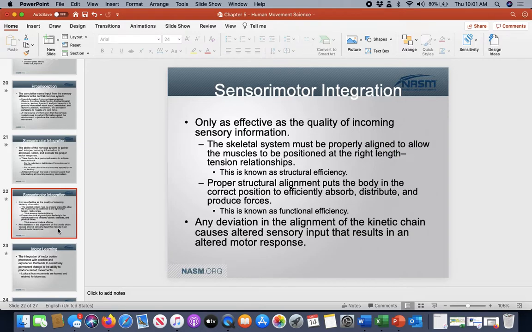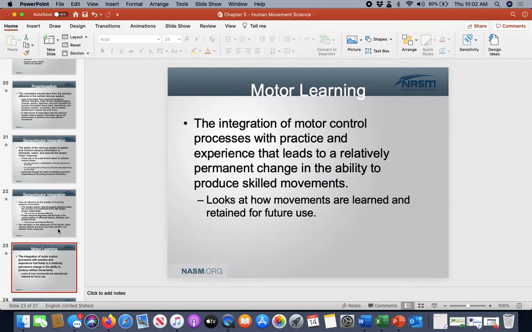That's why I think it's really important that NASM also has their corrective exercise specialist certification, because that's going to help with changing those things and creating an unaltered sensory input, which creates a better motor response. Okay, so that was motor control.